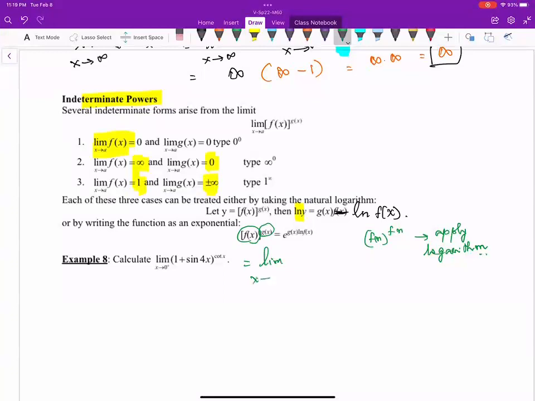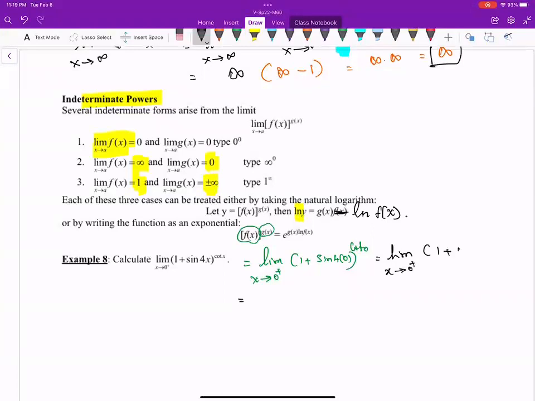The limit as x approaching 0 from the right, 1 plus sine of 4 times 0, where 0 is approached from the right side, to the cotangent of 0.